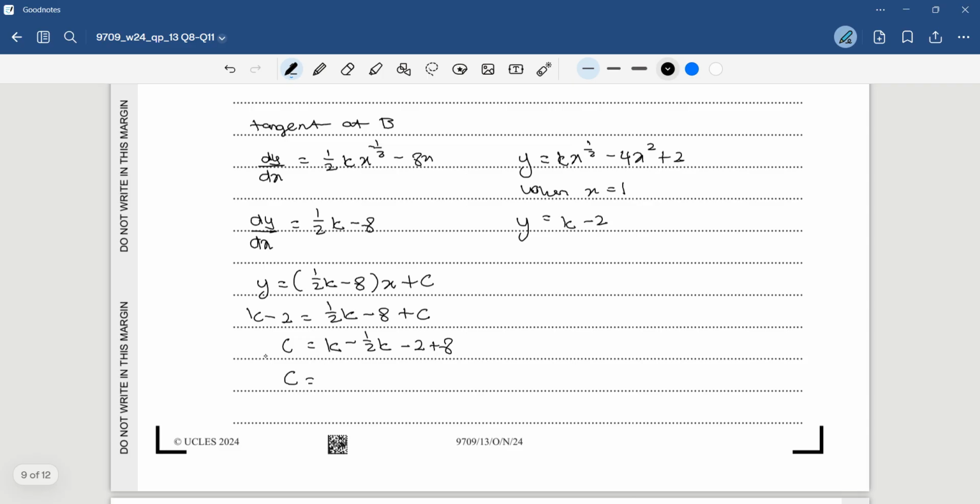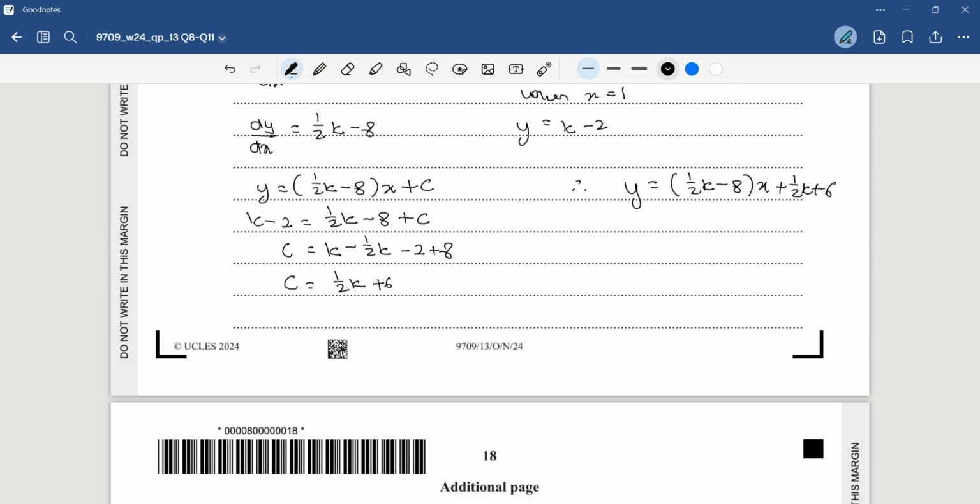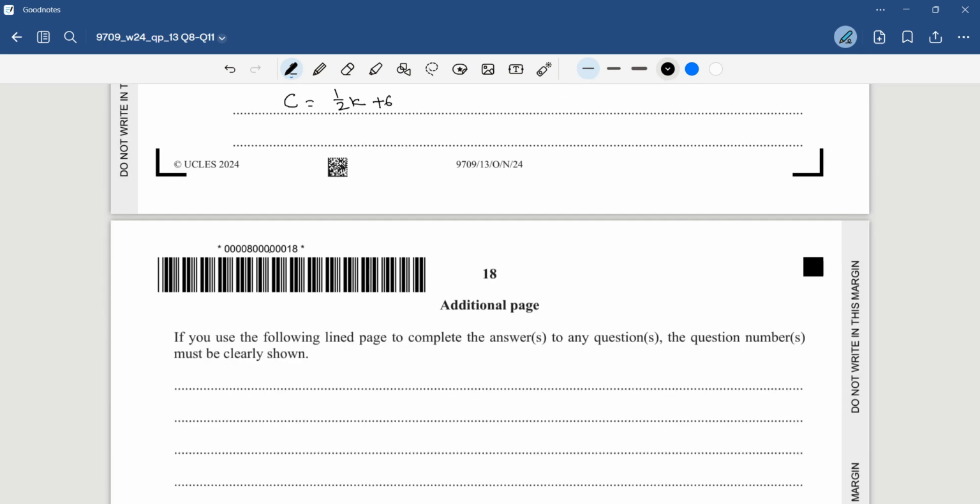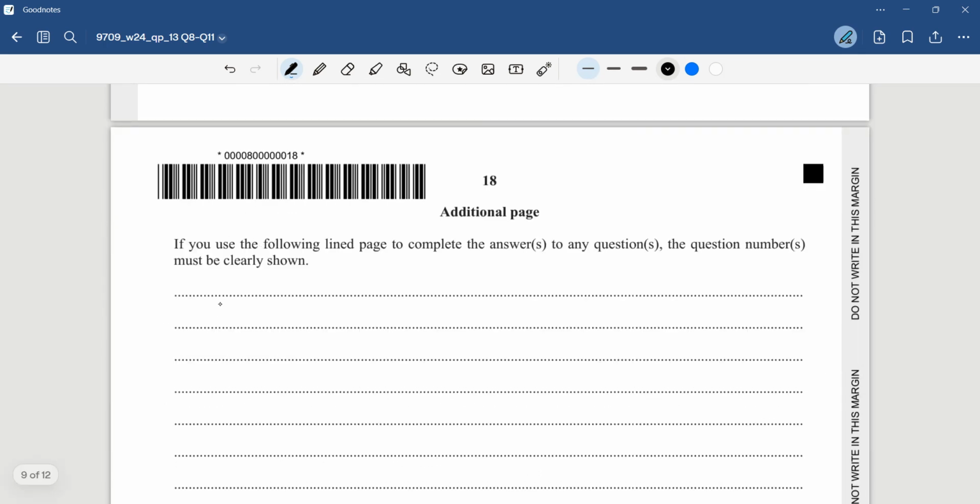Therefore, c will be 1 over 2k plus 6. Therefore, my equation of tangent at B will be y equivalent to 1 over 2k minus 8x plus 1 over 2k plus 6. So I continue at here, okay, since I don't have enough space.